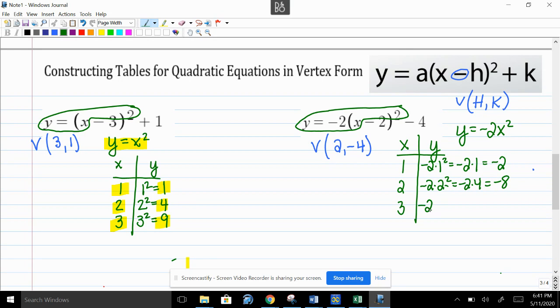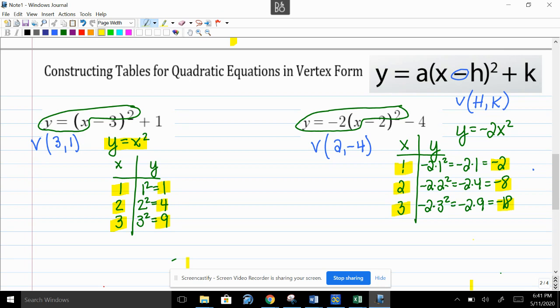And for 3, it's -2 times 3 squared, which is -2 times 9, which is -18. So I got my values. Once you got those values, guys, you're home free. Okay, so I got 1, -2, 2, -8, 3, -18.